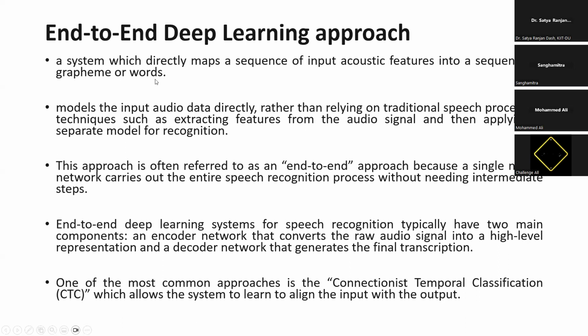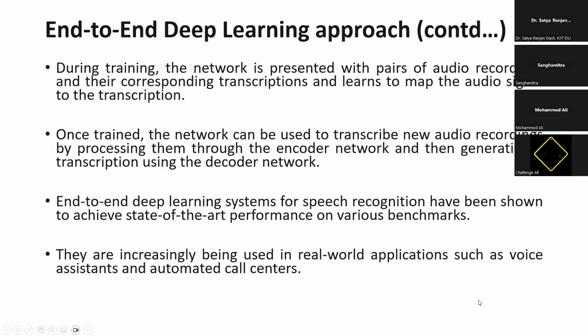Okay, so this will not be relying on acoustic models and language models, but it will directly convert the speech to the corresponding text. One of the most common approaches is the connectionist temporal classification (CTC) approach, which allows the system to learn to align the input with the output, the input being the speech and the output being the text.